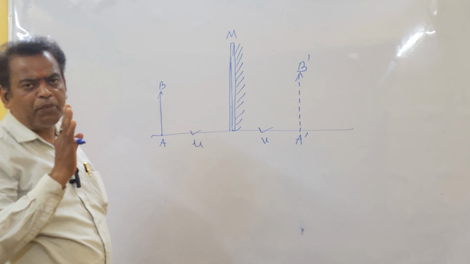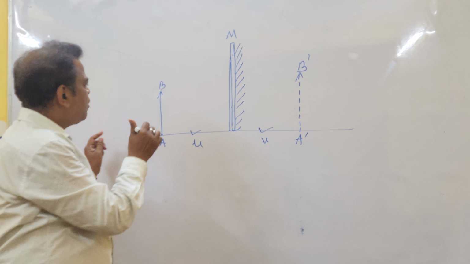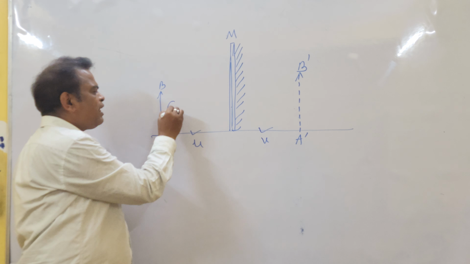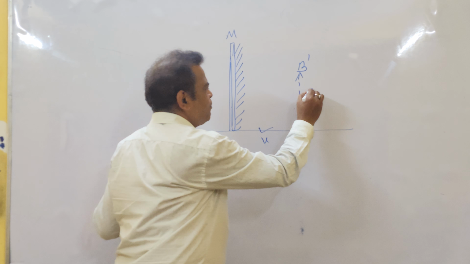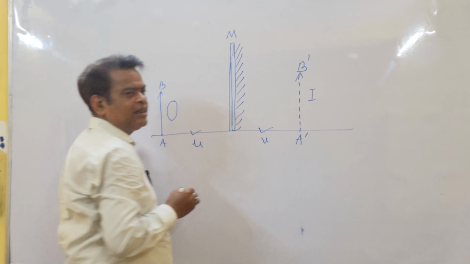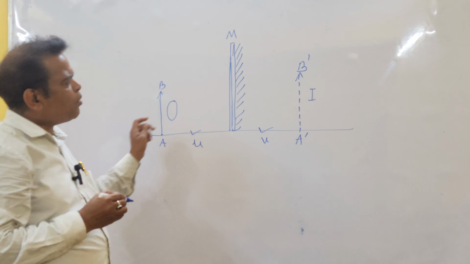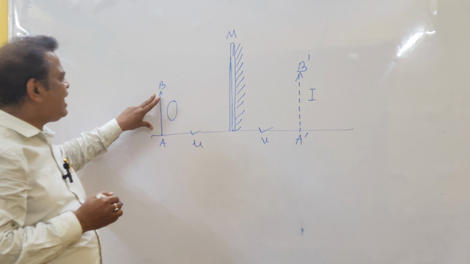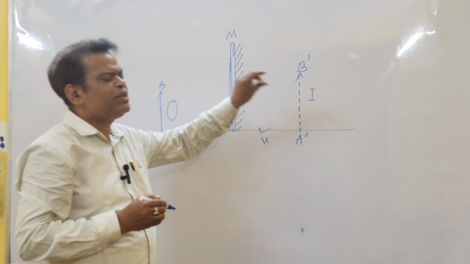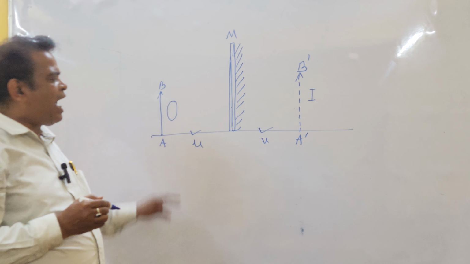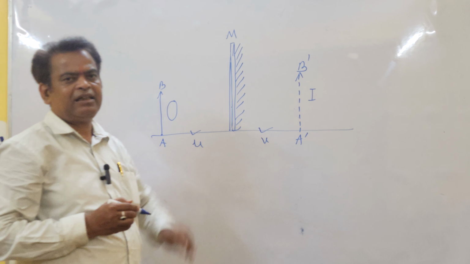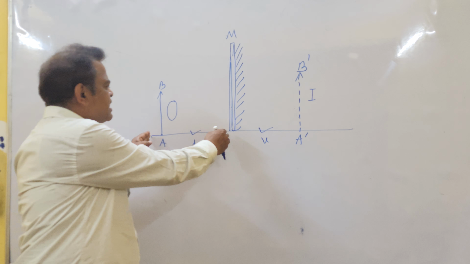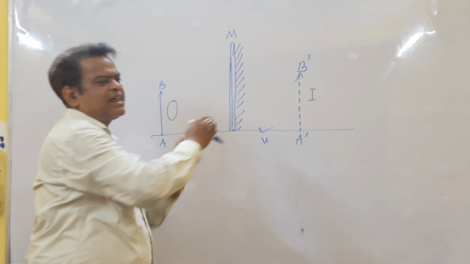That is one property. Another: if capital O represents the height of the object, and capital I represents the height of the image, then another property of a plane mirror is that the height of the object equals the height of the image. Height of the object O equals height of the image I, and object distance equals image distance.